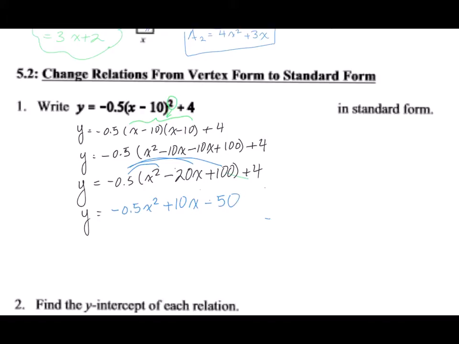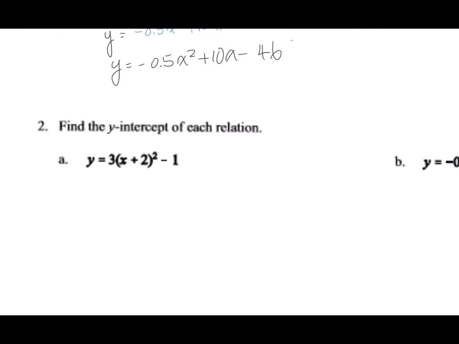So we end up with minus 50. And you'll notice that the bracket just disappears once we've done that. And we add the 4. So now we simplify by collecting the like terms, because there's two constant terms. So we get negative 0.5x squared plus 10x minus 46. And we're done. There is our relation in standard form.